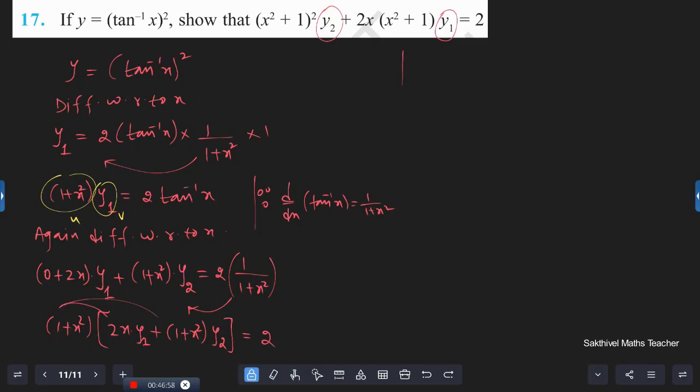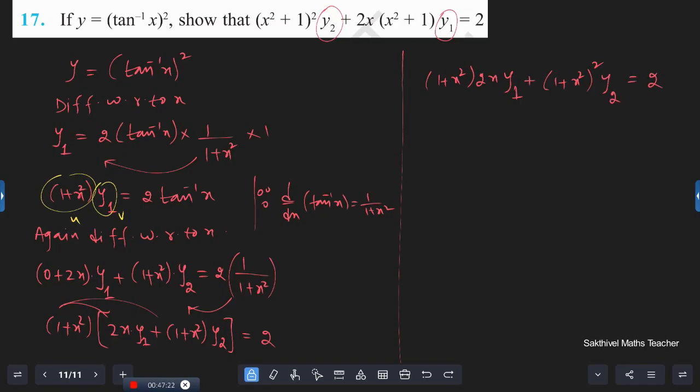So that (1 plus x square) into 2x y1 plus (1 plus x square) we have twice. See here 1 plus x square, here 1 plus x square. So you will be getting (1 plus x square) whole square y2, which is equal to 2.